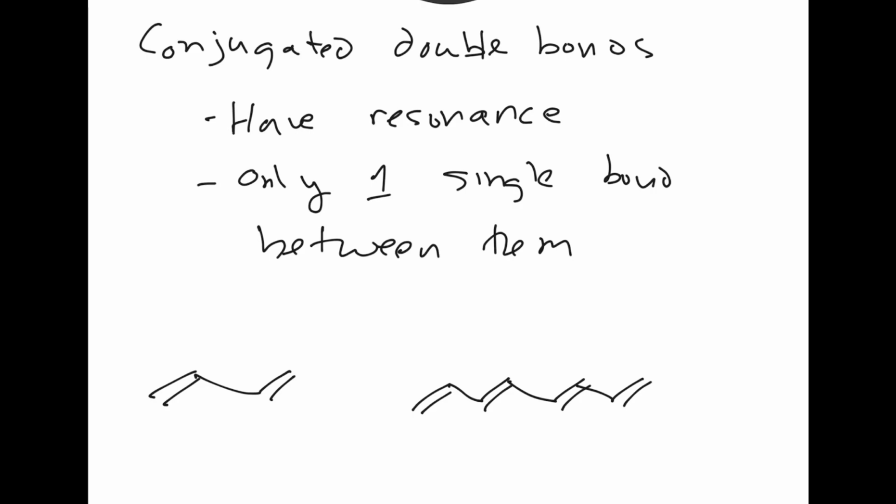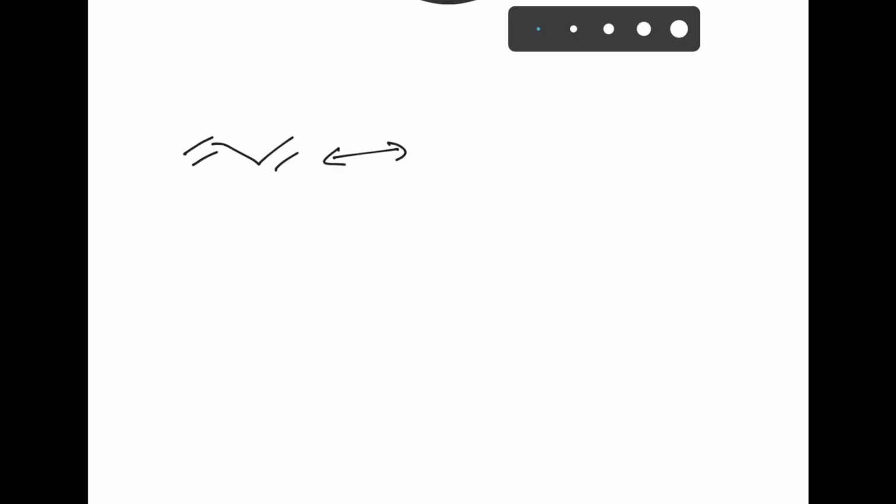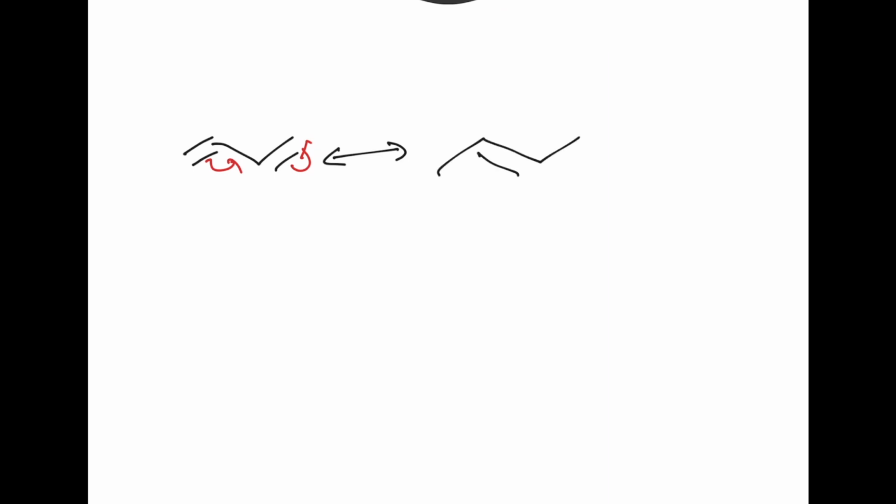So when I say they have resonance, if you remember resonance, it's where pi electrons are able to move back and forth and make an average structure. So I could have a resonance structure where the electrons leave this carbon and go to this carbon.